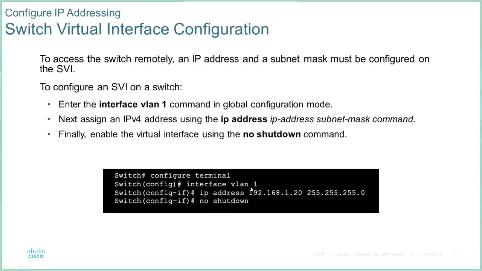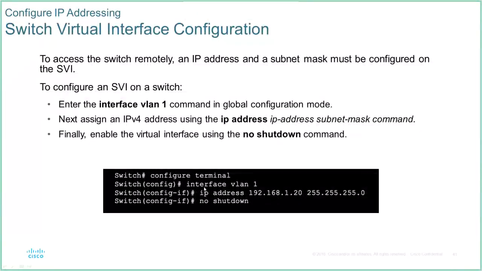Now, every switch will have a VLAN 1 in Cisco. It's a default VLAN that is on every device out of the box. And what we do with it is we configure an IP address and subnet mask and tell it to be no shutdown, which is the opposite of shutdown. And I'll explain that in a second.